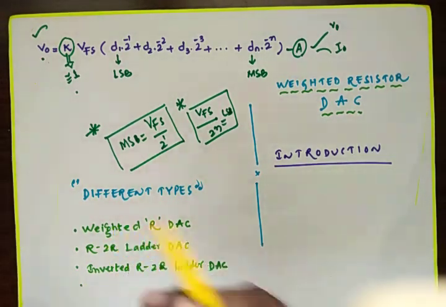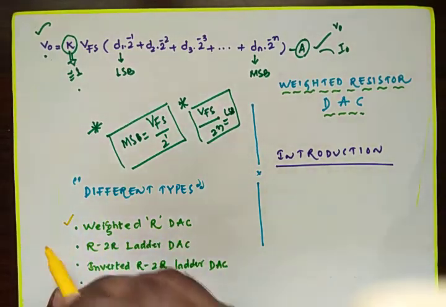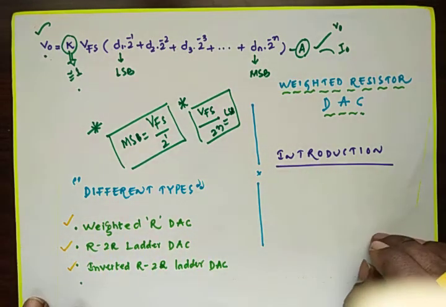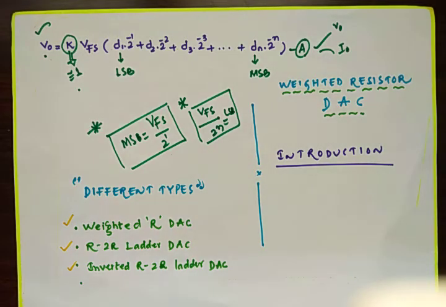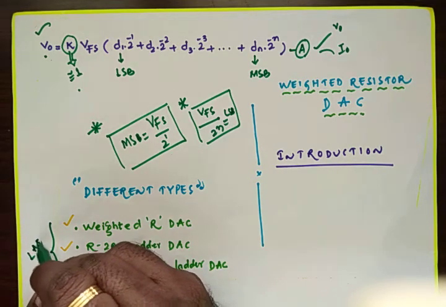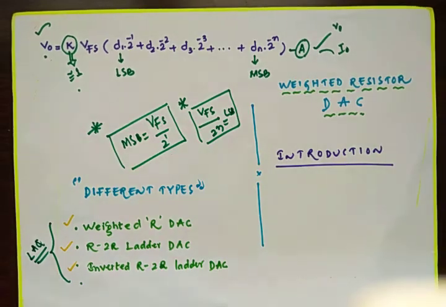In that, we have three: the first is the weighted resistor DAC, the second is the R-2R ladder DAC, and the next is the inverted R-2R ladder DAC. From these three topics, one direct long answer question will be asked in the exam. So if you are good at these three digital to analog converters, you can easily get 15 marks from the fourth unit.